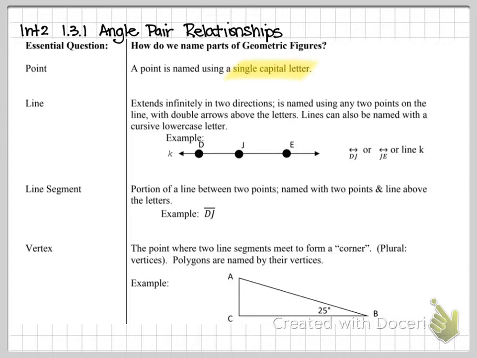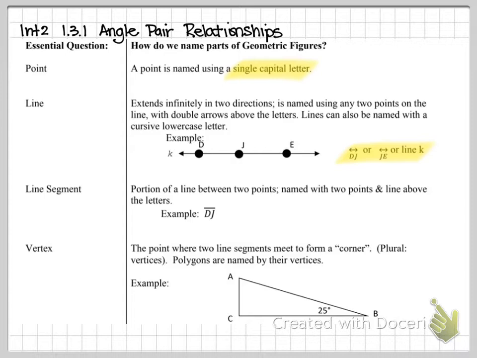Or we can just use a lowercase letter, normally italicized. So with a line, in the naming of them, we use what looks like a straight line segment with two arrows on the end when we're identifying them.